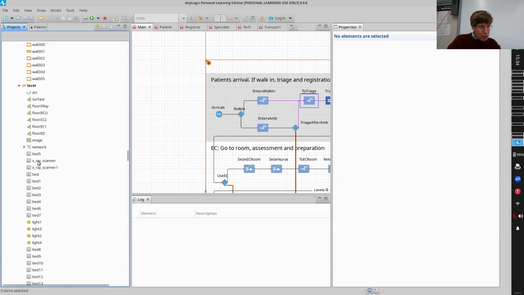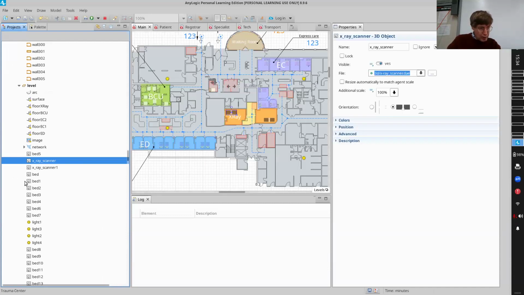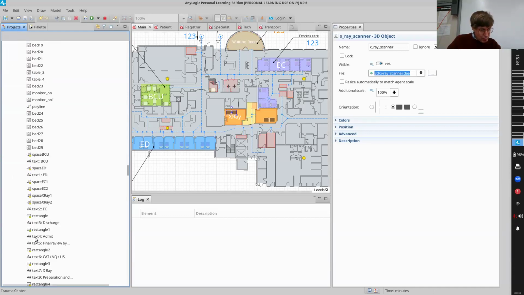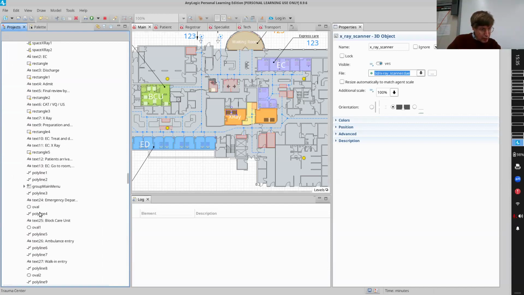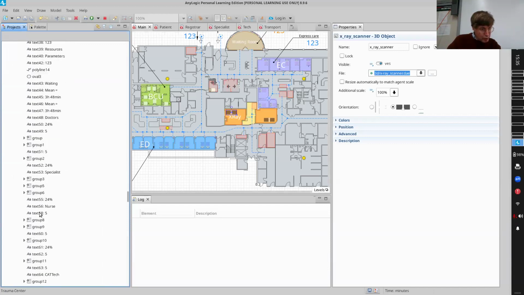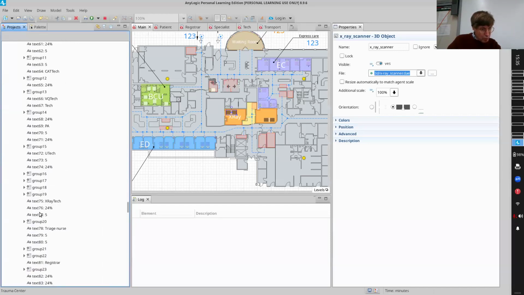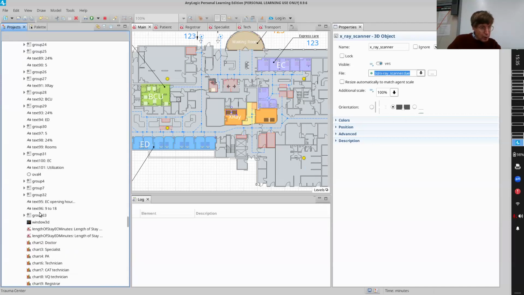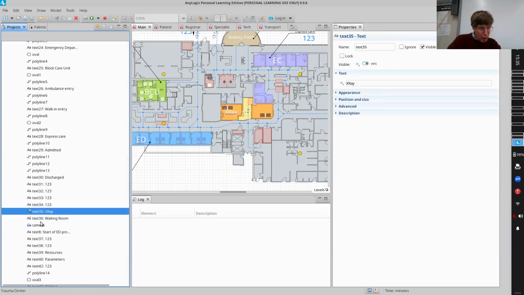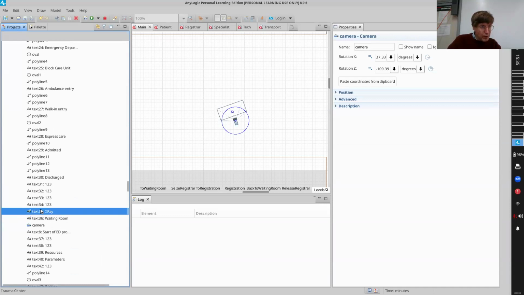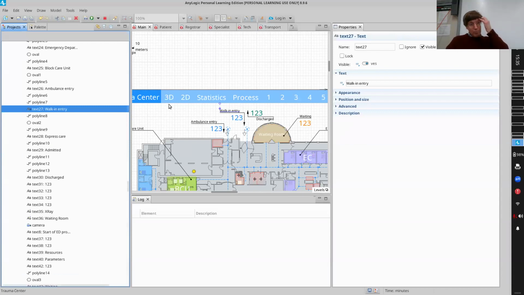And then there's here for example, the X-ray room, or the X-ray scanner one, or there's here various types of text, and I'm going to look for triage room. Well, these are rather voluminous. But you can go through these and find, okay, here's the X-ray room, for example, or here's the waiting room. This is the walk-in entry, etc.